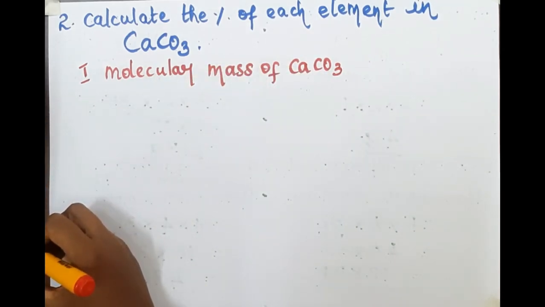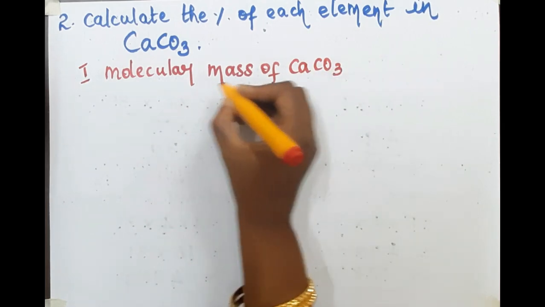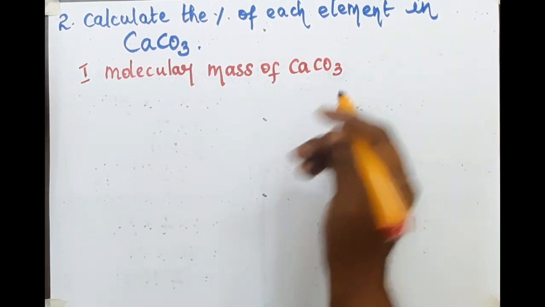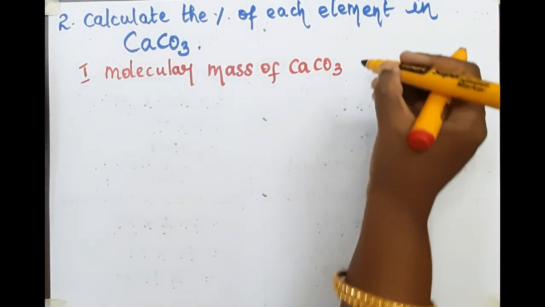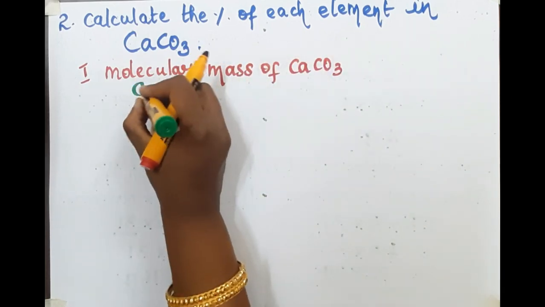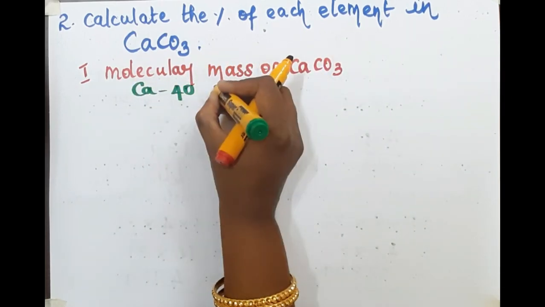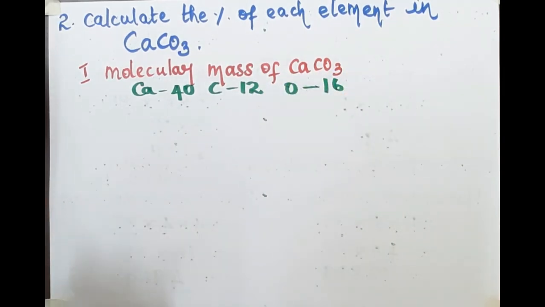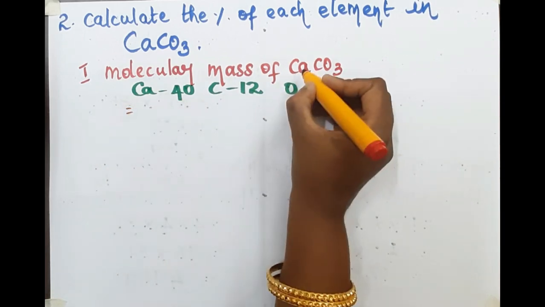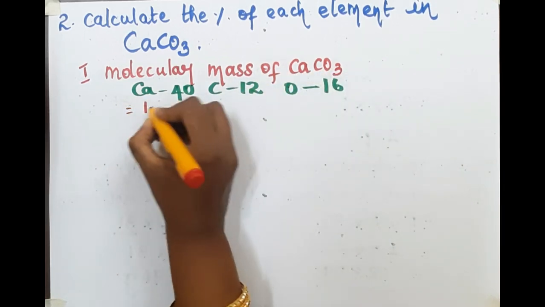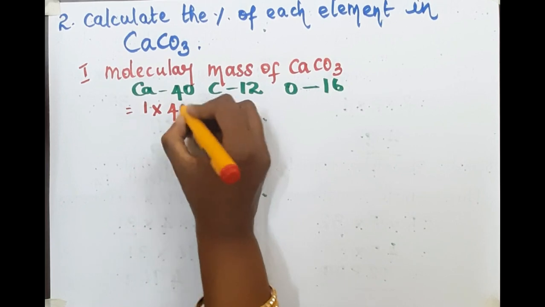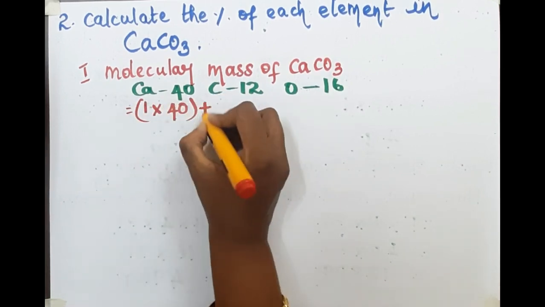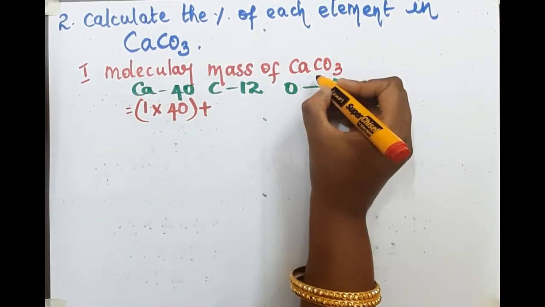Already we discussed the same problem in the last Roman letter. Let me repeat it, children. So what is the atomic mass of calcium? The atomic mass of calcium is 40 and carbon is 12. Oxygen is 16. All these things you have to keep in your mind. Okay. Now how many calcium are there, children? 1 into what is the value of calcium? 40 plus how many carbon atoms are there?